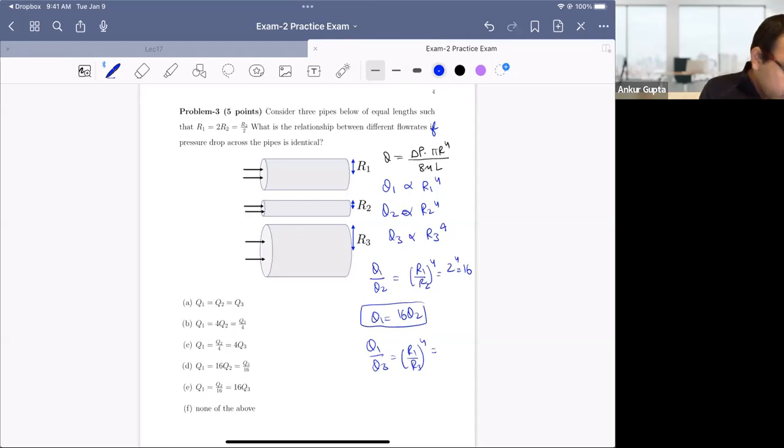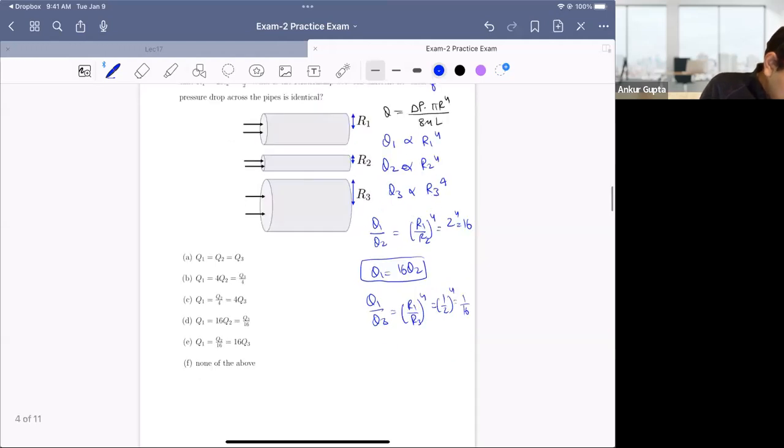Actually, my apologies, did I make a mistake here? R1 by R2 is 2, that's fine. And R1 by R3 is half. So that's okay also. It's 1 by 2 to the power of 4. So this is 1 by 16. So Q1 is equal to Q3 by 16.